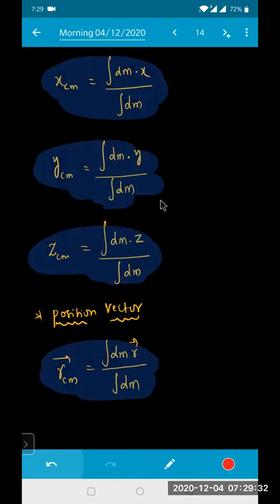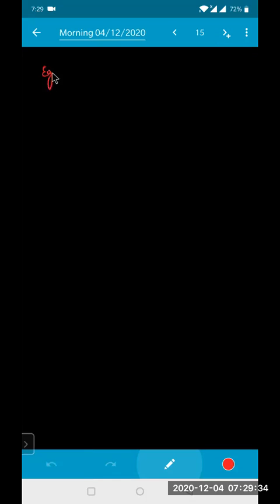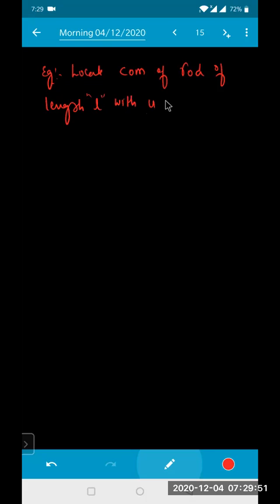Continuous bodies, for example: locate the center of mass of a rod of length L with uniform distribution of mass.